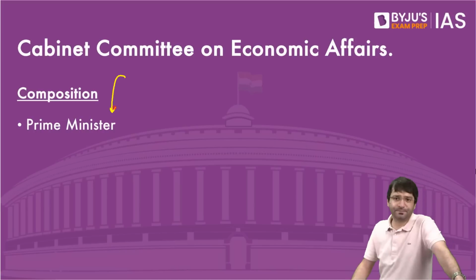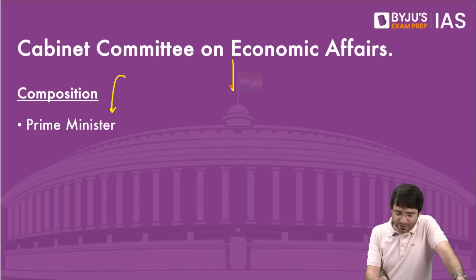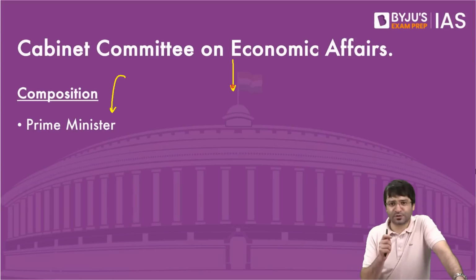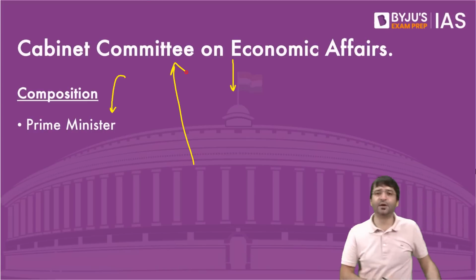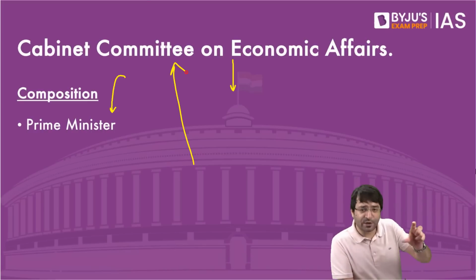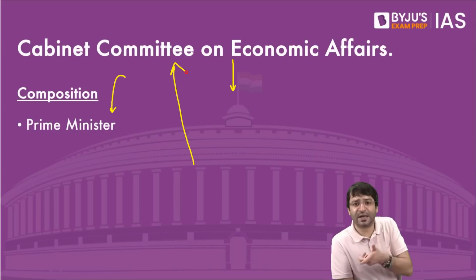What is the purpose of this Cabinet Committee on Economic Affairs? For example, if there is food inflation and the government decides to ban the export of onions and tomatoes, or to import onions and tomatoes, or to abolish the import duty on various pulses or oil seeds, all these economic decisions are taken collectively by this committee. Whether there should be FDI in multi-brand retail, in single brand retail, whether there should be FDI in the insurance sector.